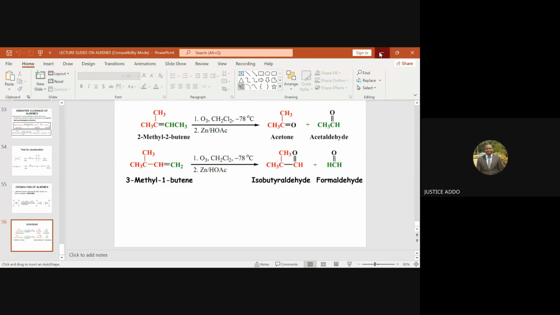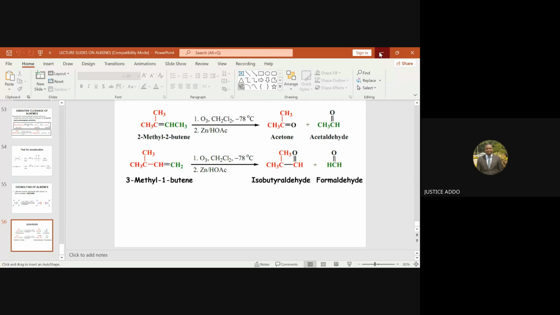For any of the reactions you see, like the ozonolysis on your screen, you know that on the left side they are all alkenes, and on the right side these are aldehydes or ketones. How do I get an aldehyde? How do I get a ketone? The aldehyde forms when the carbon where you are doing the cleavage has one hydrogen.